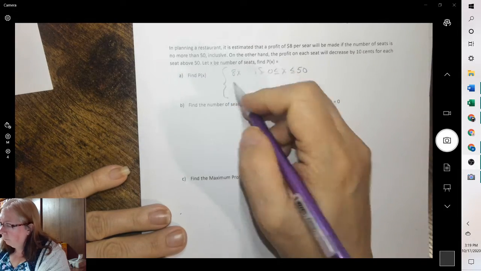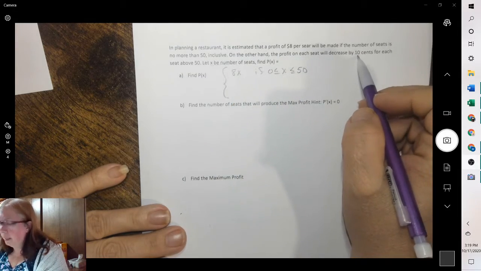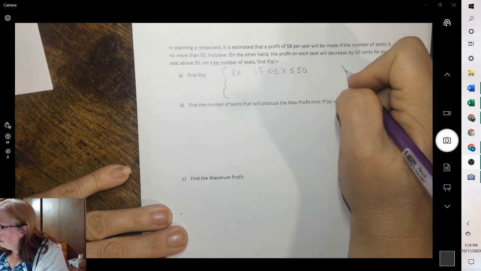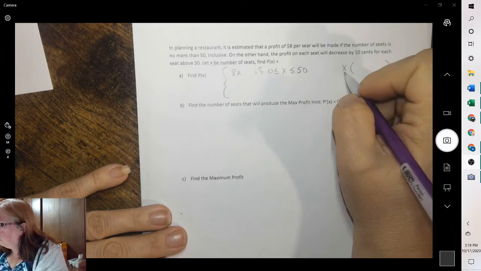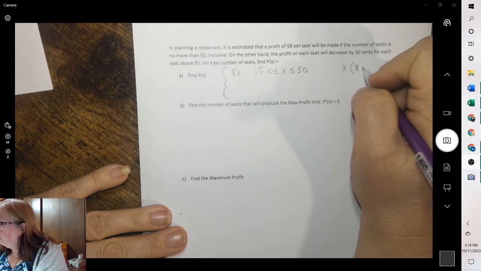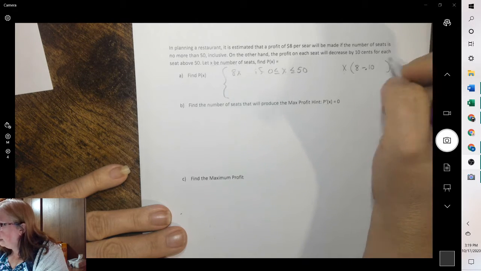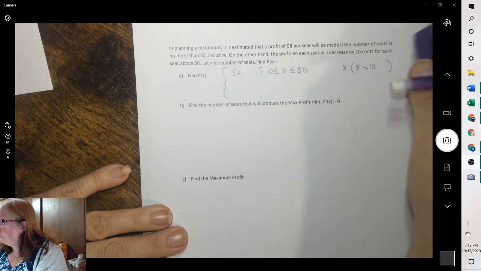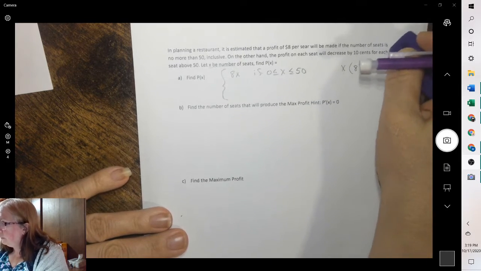The second one, the price drops by 10 cents. So we know x is the number of seats, quantity times price. Our price is $8, but it's going to drop by 10 cents for each one that is over 50.